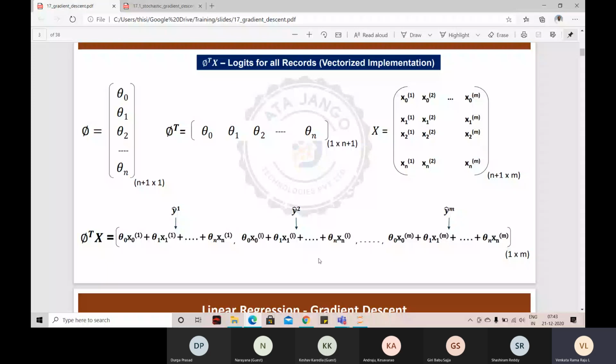This is how the total data manipulation or the predictions happen throughout AI. Throughout AI, matrix manipulation is what is happening. Even in deep learning, this is how it gets calculated. So theta transpose x is also called logit.